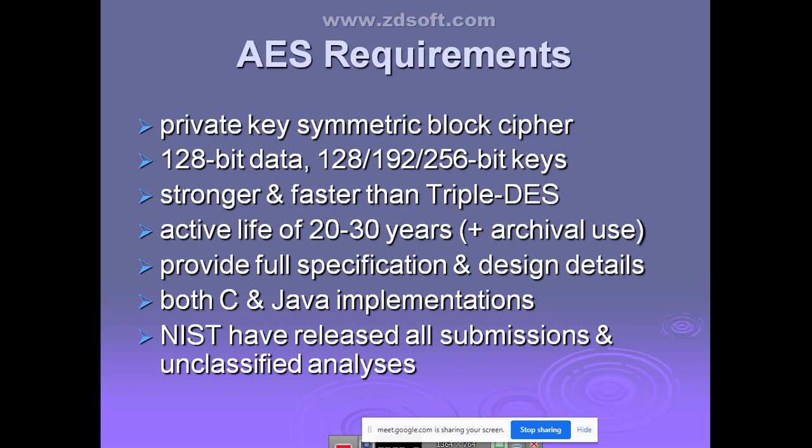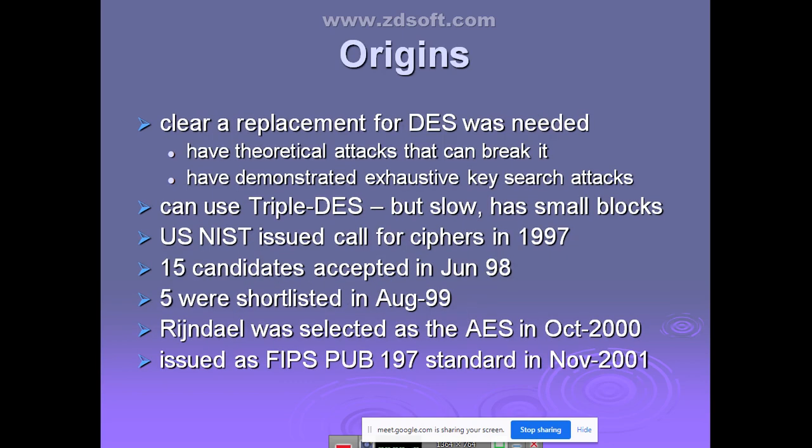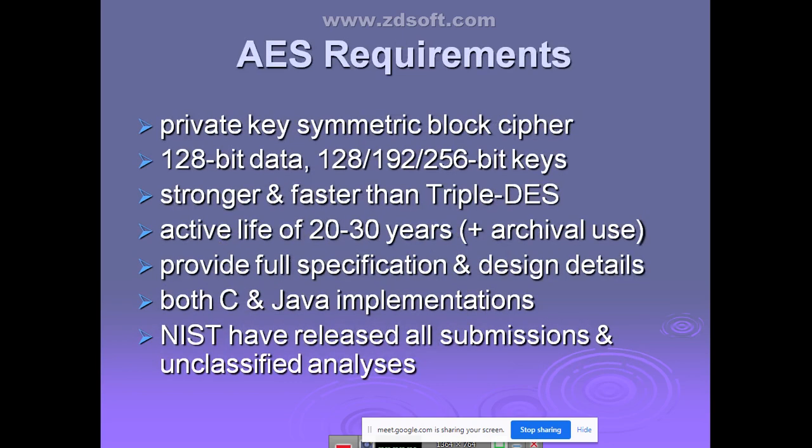And as already told, AES is going to encrypt 128 bits of data using a 128, 192 or 256 bit key. The key size is not fixed here, but whatever the block size is, that is fixed. But in case of DES, what is there? The key size is also fixed, that is 56 bits.